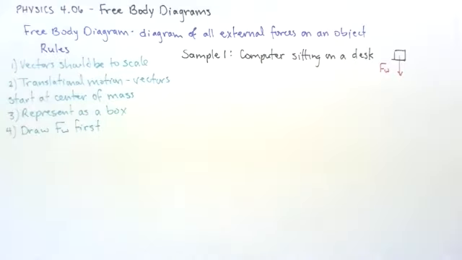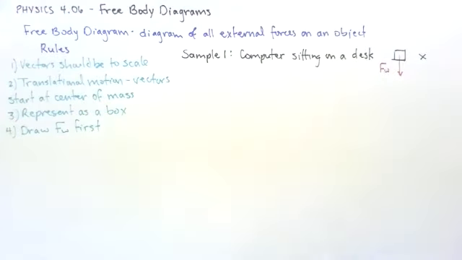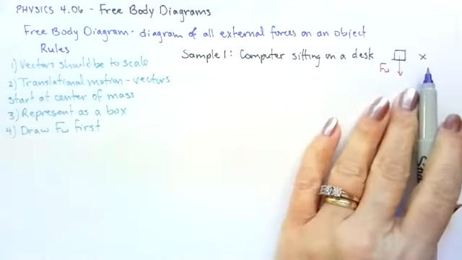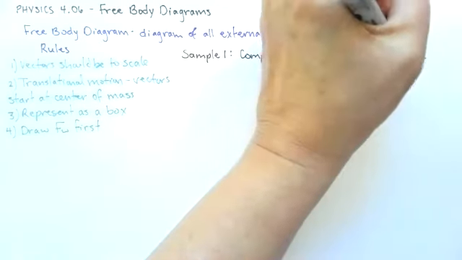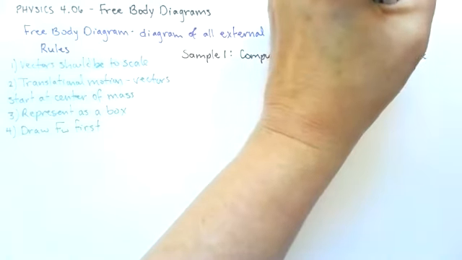Now, I can't just slap any old vector on here. Let's do the motion analysis. And remember, I always do my motion analysis in green. And so the X means I'm not moving, it's at rest. So I better have a net force of 0. So if this is about that far, this needs to be about that far.